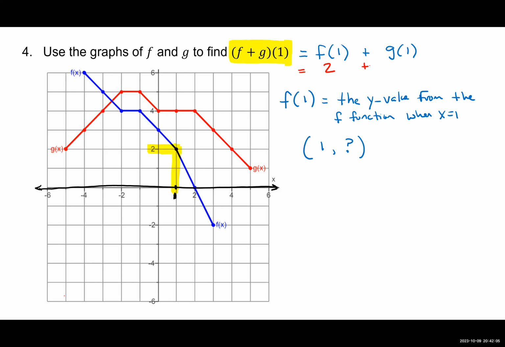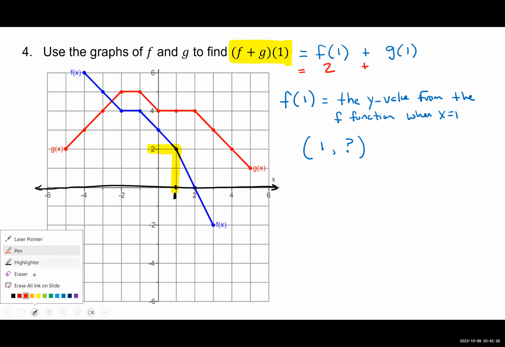Now we'll do the same thing on the g function. I'm not going to write, again, what I just wrote next to f of 1, but g of 1 is the y value from the g function when x is equal to 1.